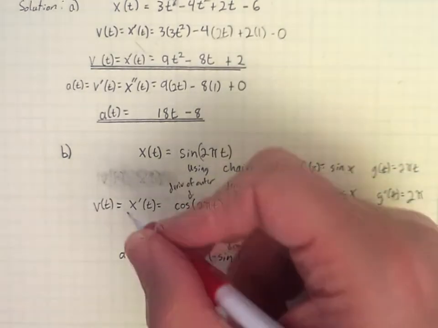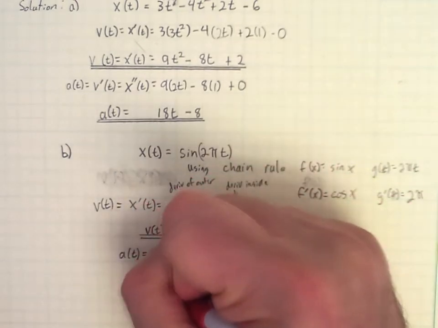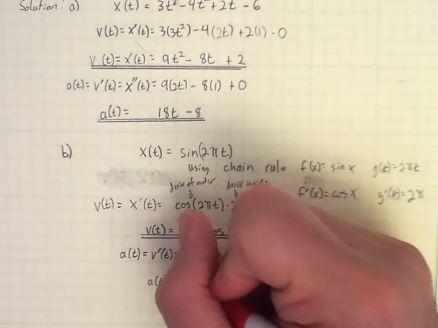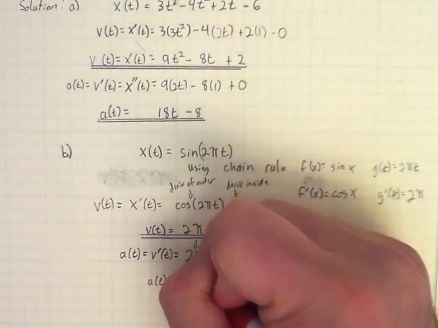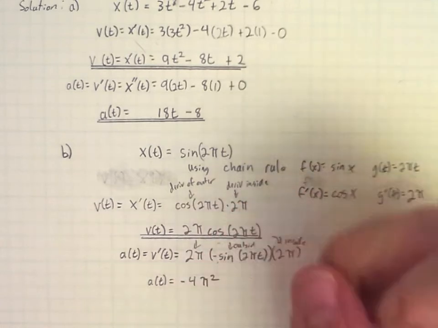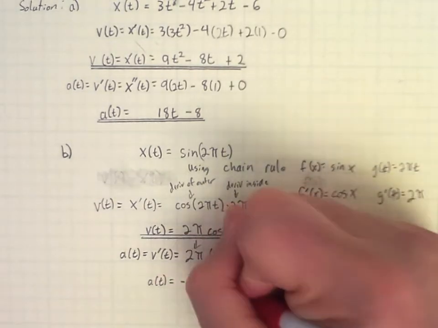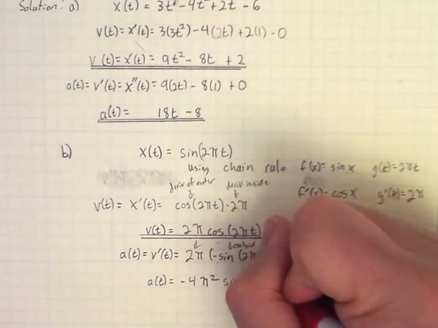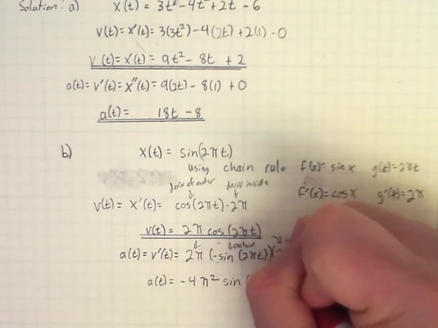And then I would simplify that again and get that a of t is negative 2 pi times 2 pi is 4 pi squared, so negative 4 pi squared times the sine of 2 pi t.